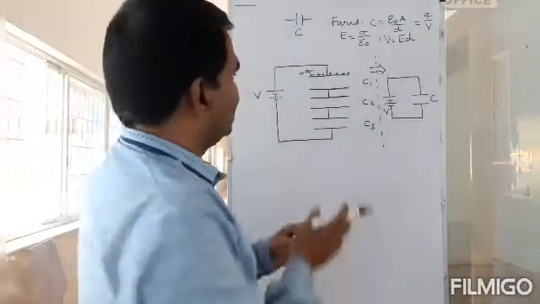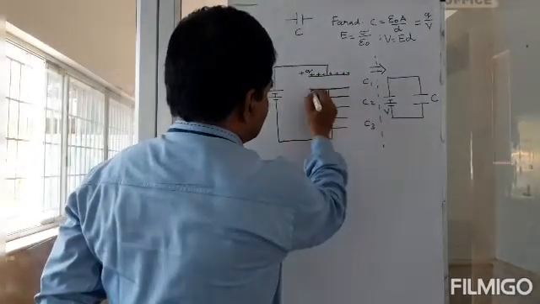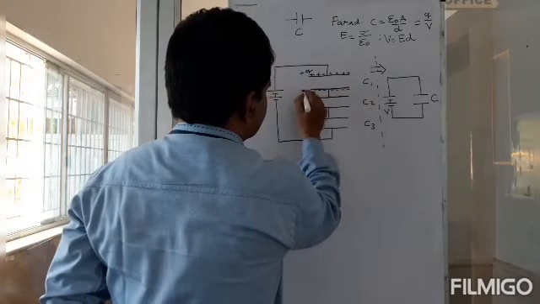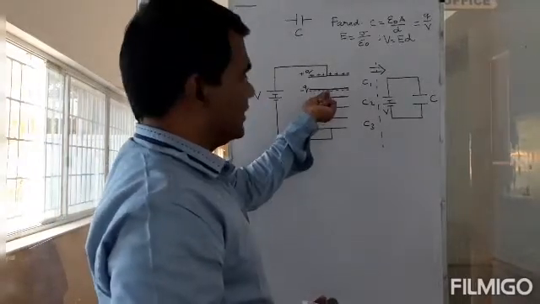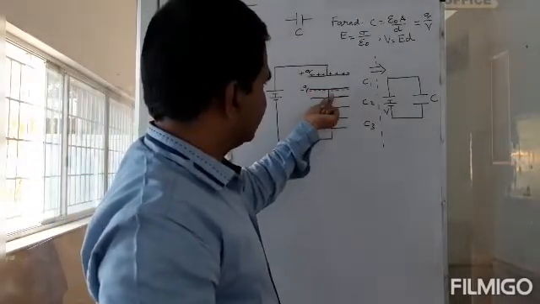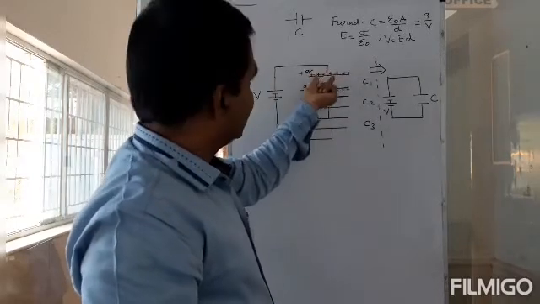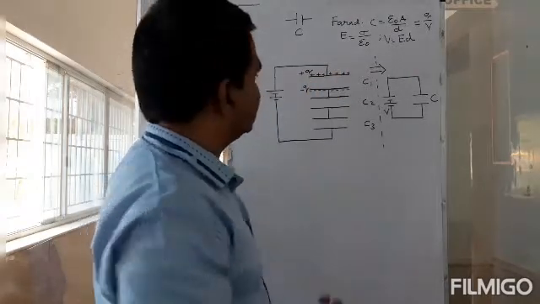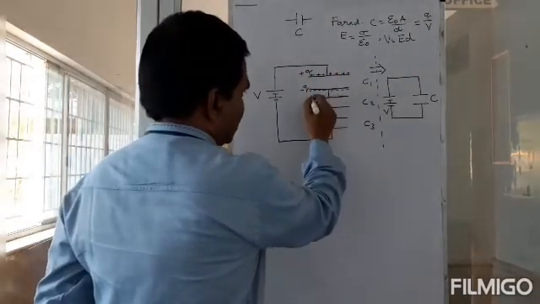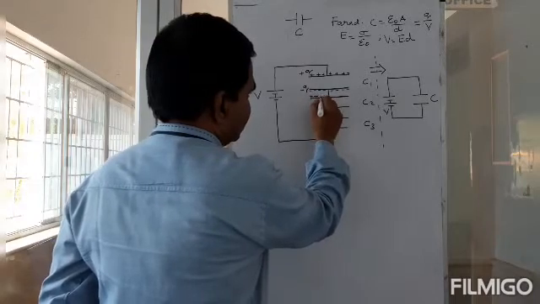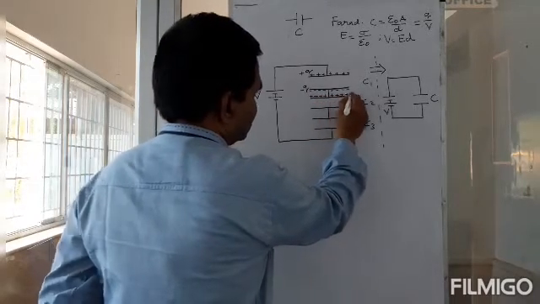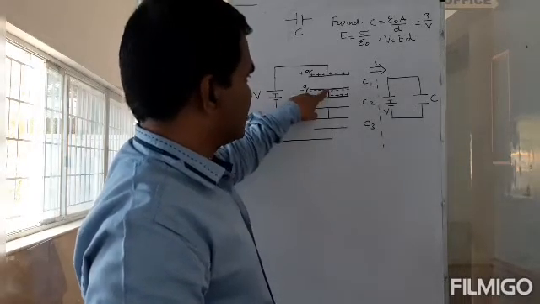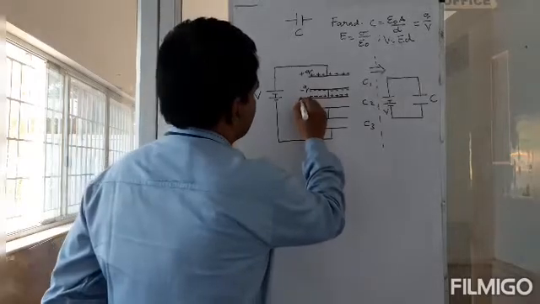The negative charges in this conductor will accumulate here, minus Q, because they are attracted by this collection of charges. This part of the conductor would become net positive. Minus Q has gone there, so this must be plus Q.